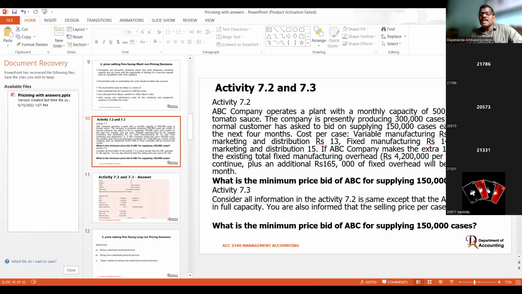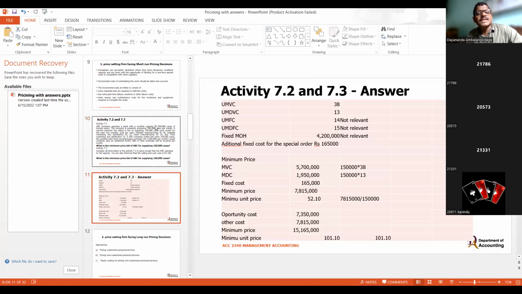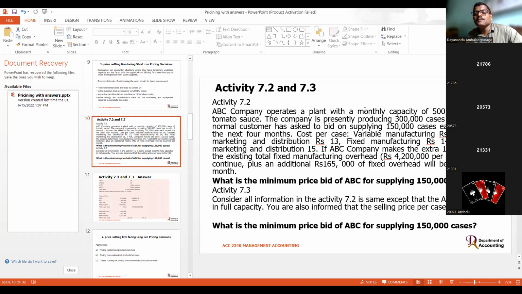You also inform that the selling price per case is 100. So thereby we need to assume that the particular business is operating at full capacity. What do you mean full capacity? They are producing 5,000 units, not the 300,000 units. So that is how full capacity.